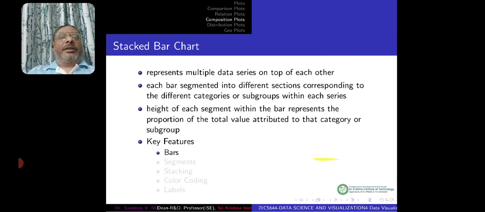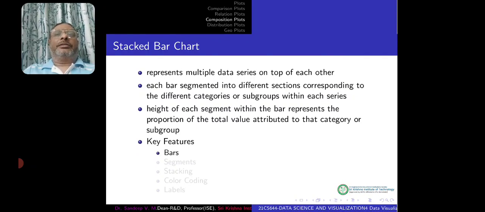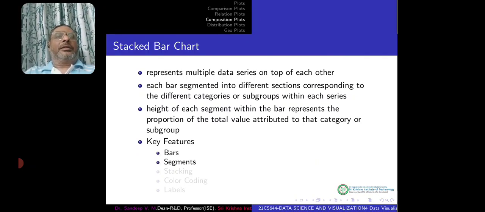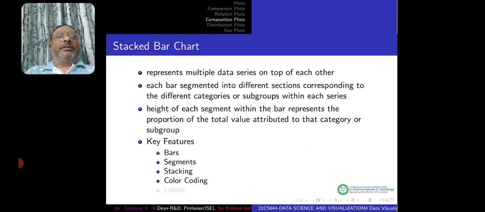The key features are we have bars to represent the data, segments to represent each category, and they are stacked one over the other, and each segment is given an appropriate color so that it becomes easier for us to understand, and each one is properly labeled and appropriate legends are provided.